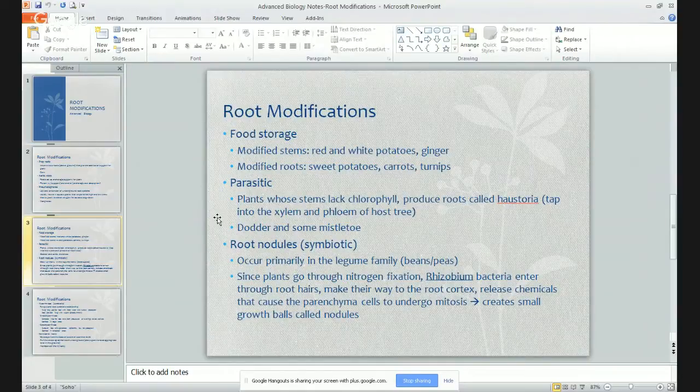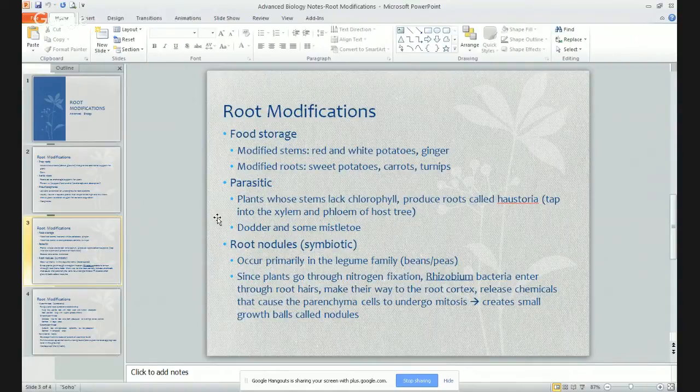Ginger was the example of the rhizome, and then off of the rhizome you can have these tubers growing, which would be potatoes. So your red and white potatoes, your russet potatoes, those would be considered modified stems. Even though we're talking about roots, I decided to stick them in here.